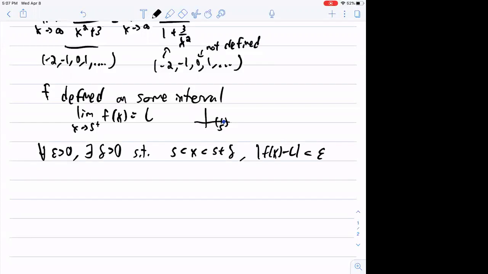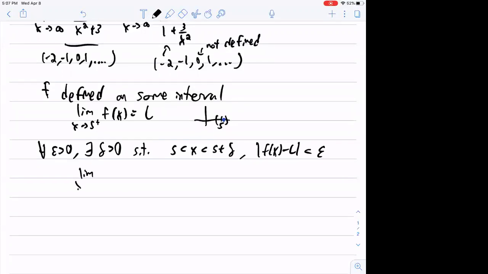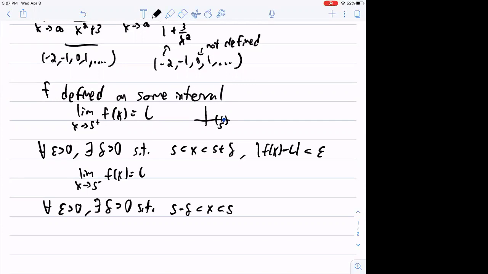And similarly, for limit x goes to s minus, f of x equals L, it's the same thing, except now you're going from the other side of the interval. So s minus delta less than x less than s, then |f of x minus L| is less than epsilon. This will really be what you'll be using.